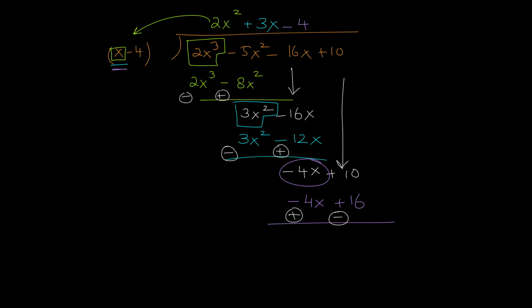And what are we left with? We are left with negative 6. Now, we know that x minus 4 is not a linear factor of this cubic polynomial. Can we prove the same thing using remainder theorem?